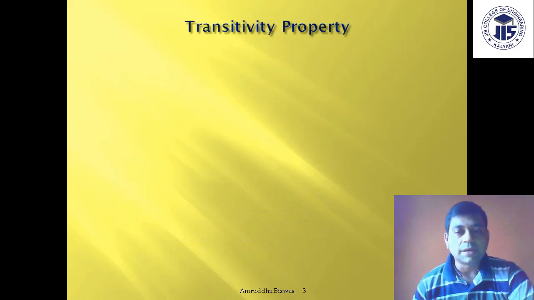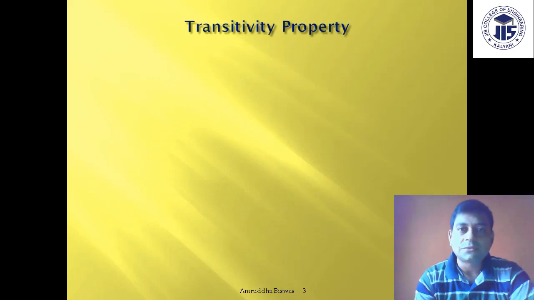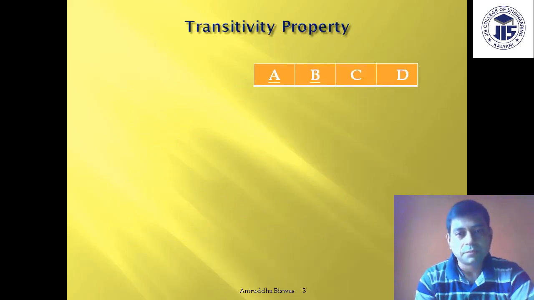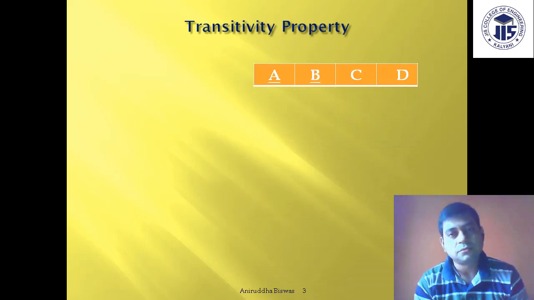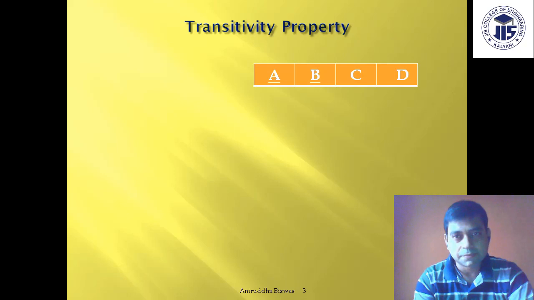So let's start with the property called transitivity property. Transitivity means it is not direct. There is some transit through which we are determining something else.